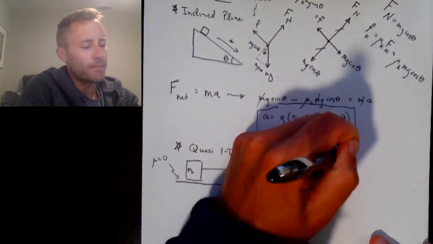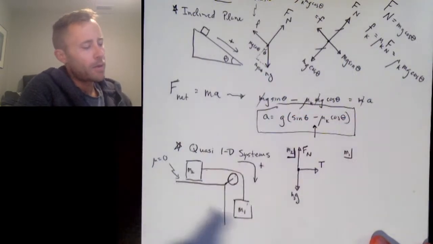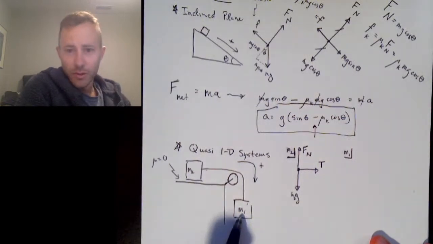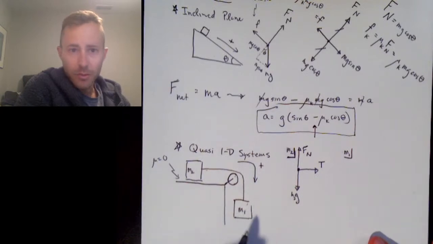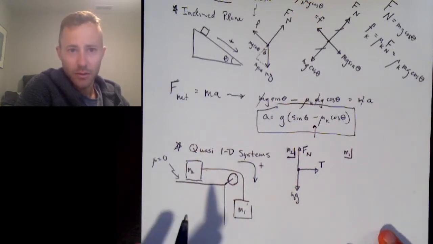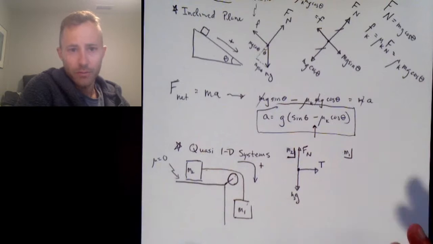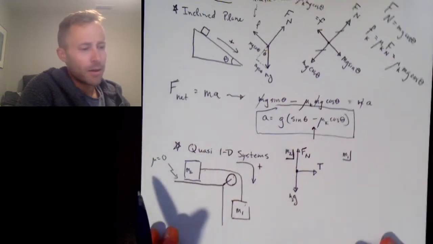For m1, it has only two forces on it. m1 does not have a normal force because it is not in contact with the ground.